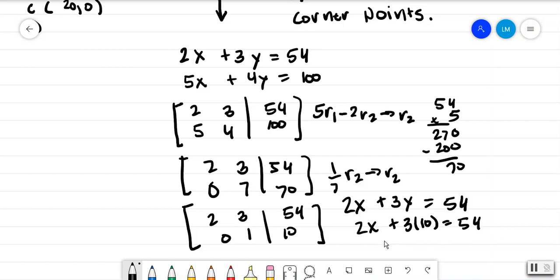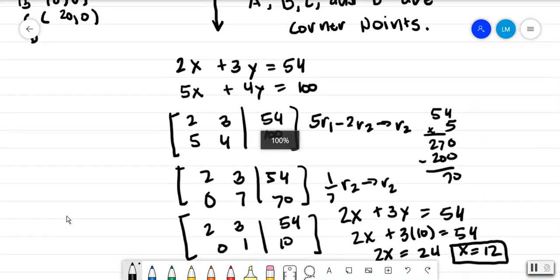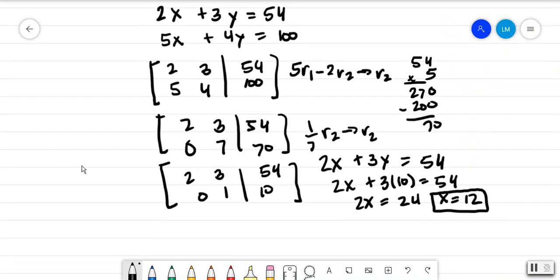Now, what this tells me basically is that 2x is equal to 24, which means that x is equal to 12. So we have that the ordered pair, or the point of intersection for our boundary lines, is the following. We have that the ordered pair is 12, 10.